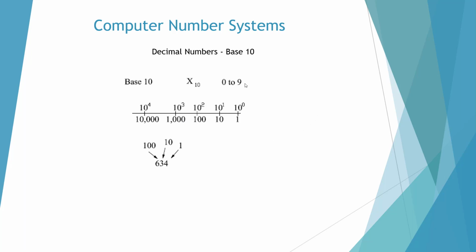So once we get past 9, we have to carry to the next place. So here we have 634. We have ones, tens, and hundreds. So this is the system we use daily.